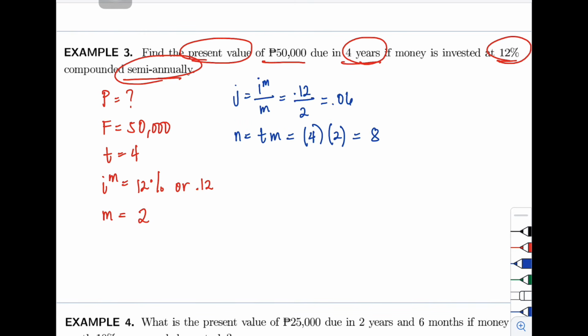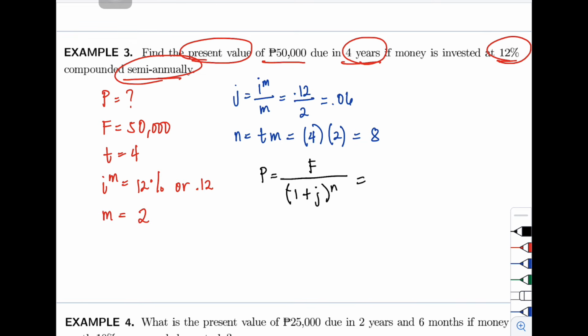So, ang N natin is equals to positive 8. Tama? So, ngayon, pwede na nating masolve si present value, which is equals to maturity value over the quantity of 1 plus J raised to N. Okay, so ito yung ating formula.